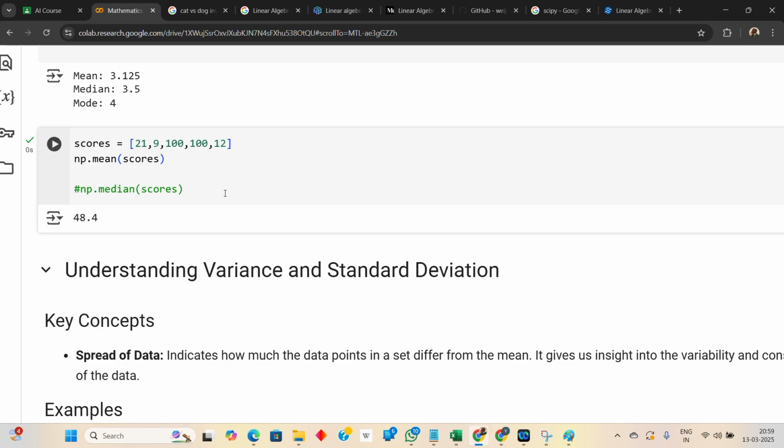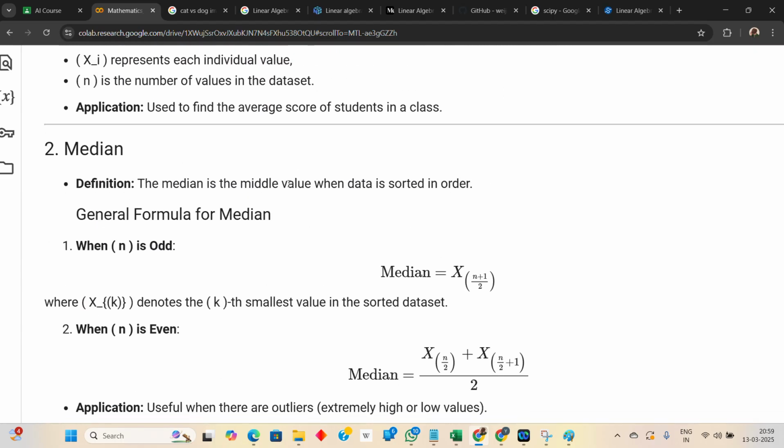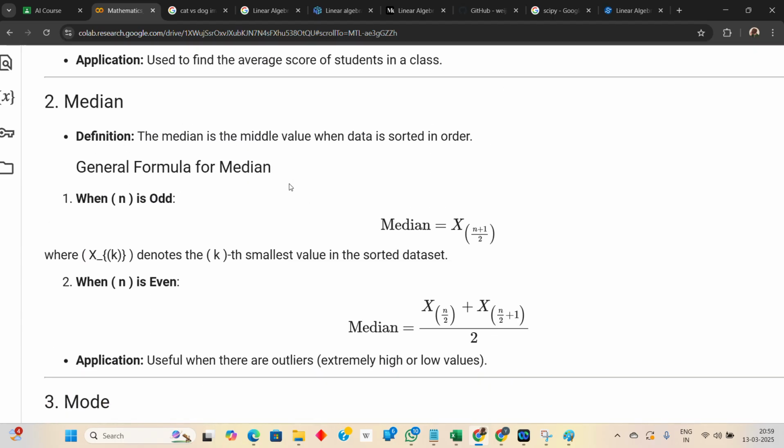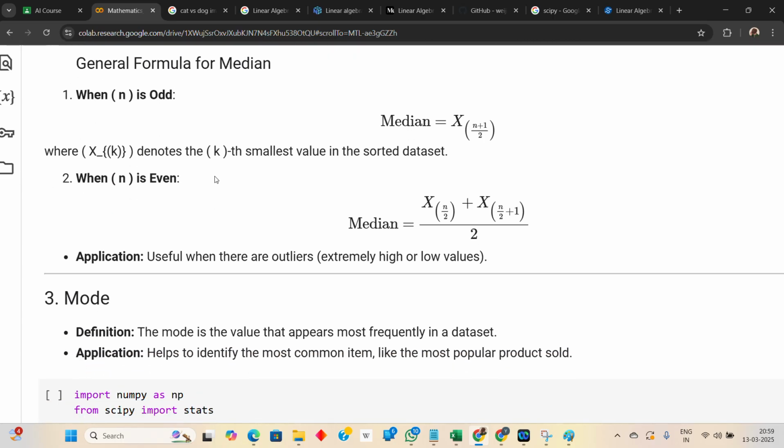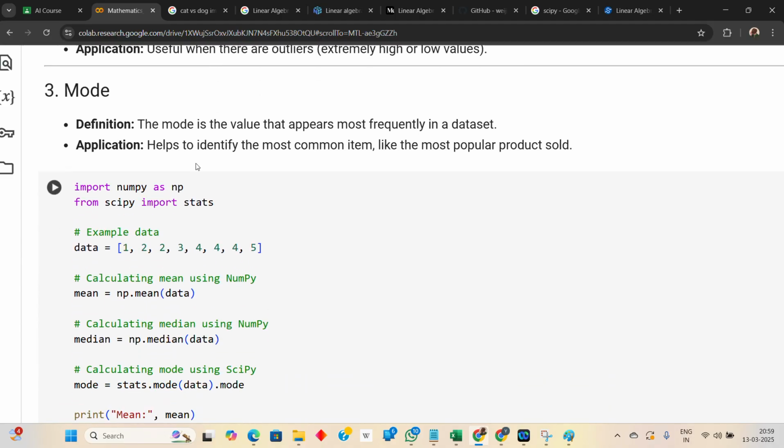If you have outliers, then median helps you get the most appropriate surrounding value. Is my point clear? Yes. Very good.